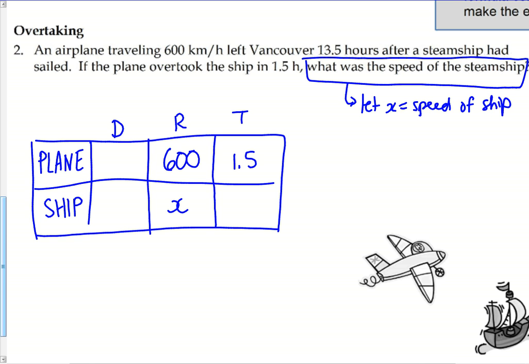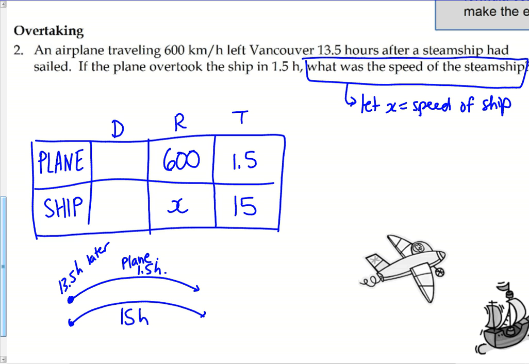Well, the plane didn't leave until 13 and a half hours later. So it was delayed by 13.5 hours. And then it traveled how long? 1.5 hours, meaning that the ship was traveling for how long? 15 hours.